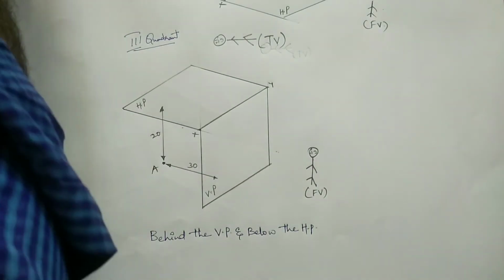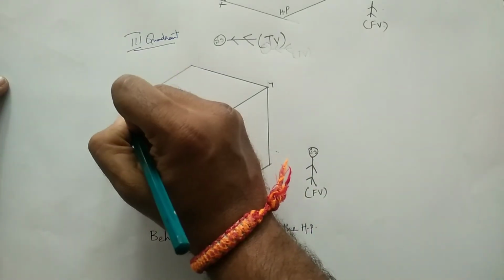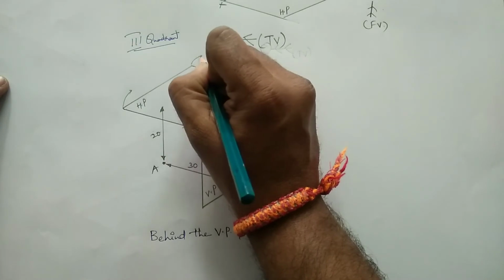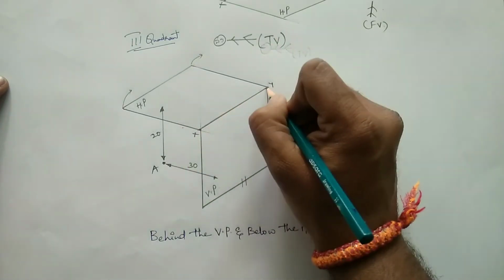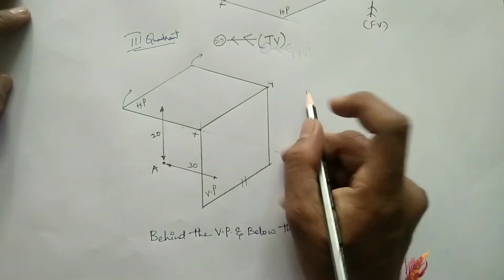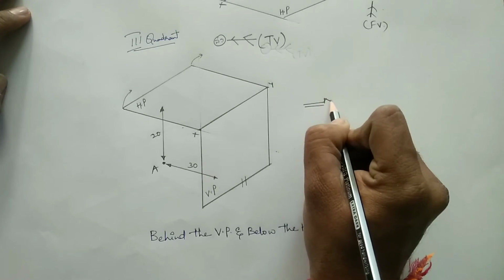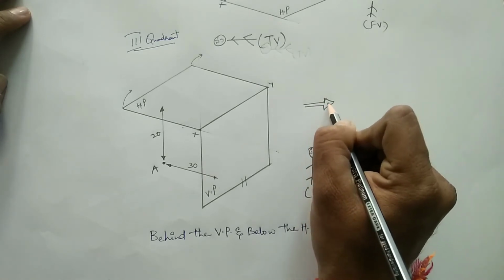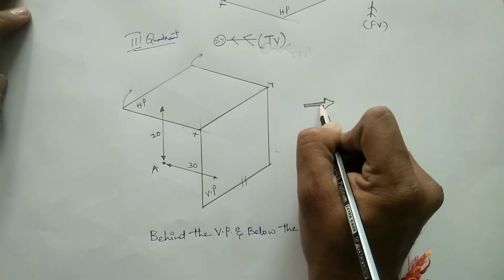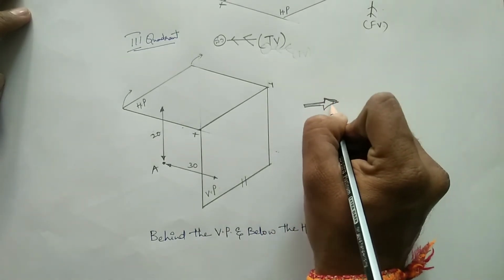Already I have told you that the vertical plane is fixed and the horizontal plane is made to rotate. This is my reference line. So with respect to the reference line, when I draw it, how do I need to draw it in the 2D projection?